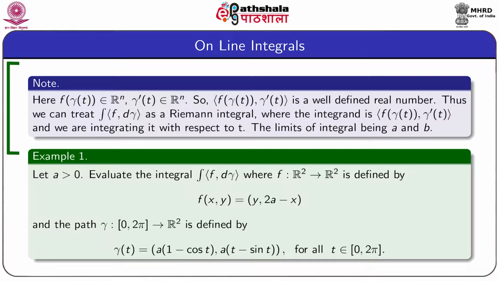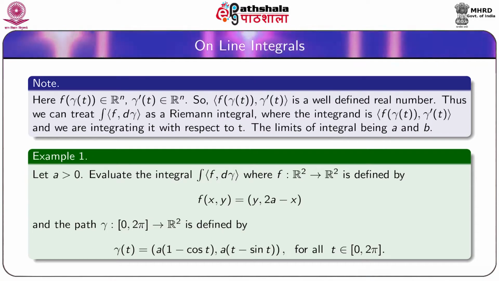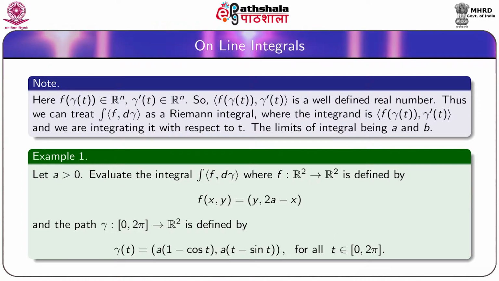Thus, inner product of f(gamma(t)) and gamma dash(t) is a well-defined real number. Thus, we can treat integral f d gamma as a Riemann integral where the integrand is inner product f(gamma(t)), gamma dash(t), and we are integrating this with respect to t, the limits of the integral being a and b. We cite an example.